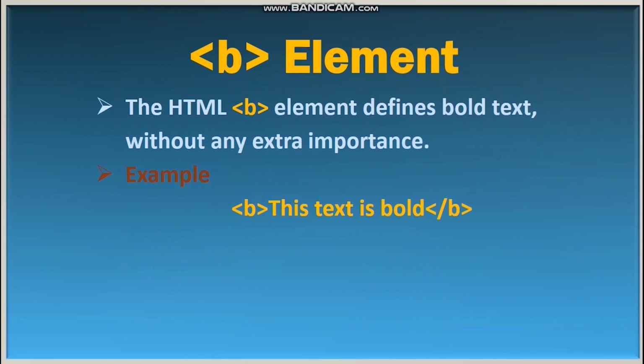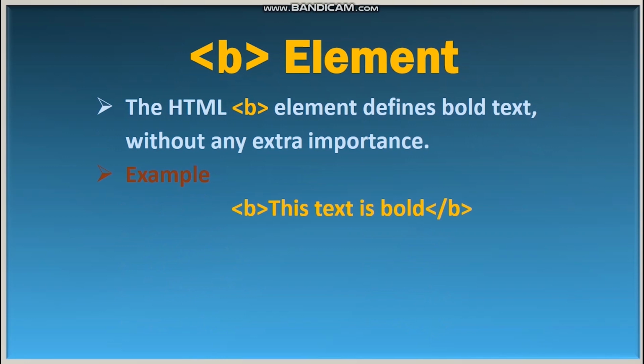So what is the B element and why do we use the B element in HTML? The HTML B element defines bold text without any extra importance. For example, if we want to bold a text, in this example, this text is bold, we use the B tag.